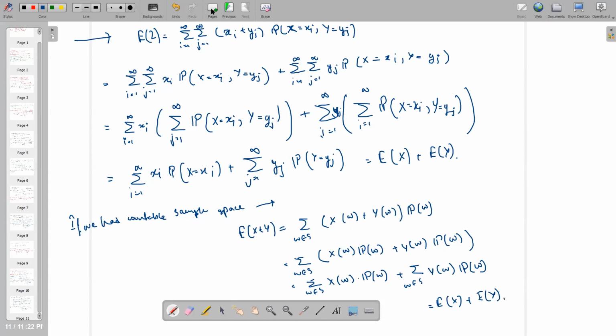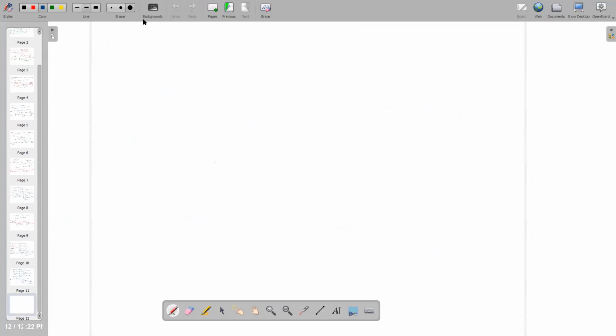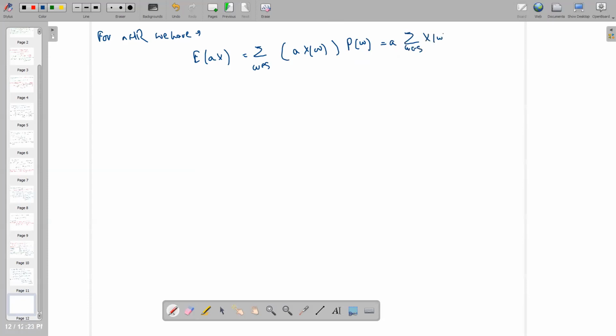Right? Now we needed to prove one more thing, like for the scalar one. So we needed to show that for a an element of R, we have the following thing, which is summation over omega an element of S. Since these are well defined and they converge absolutely, right?